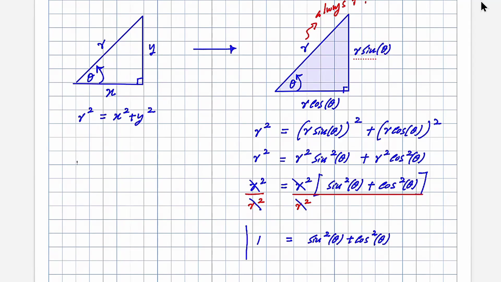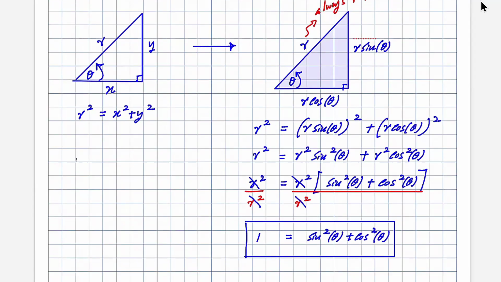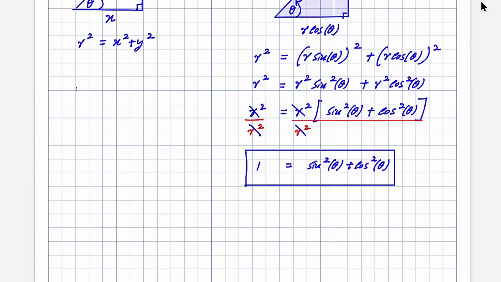This is a beautiful relation, right? So this is called the most basic identity in trigonometry, right? This is called the first identity in trigonometry.